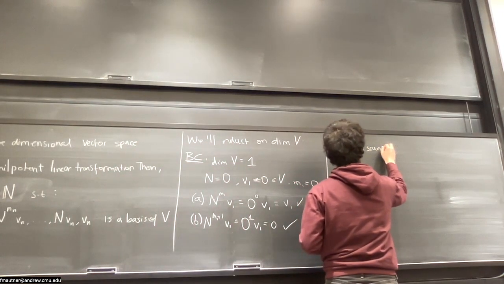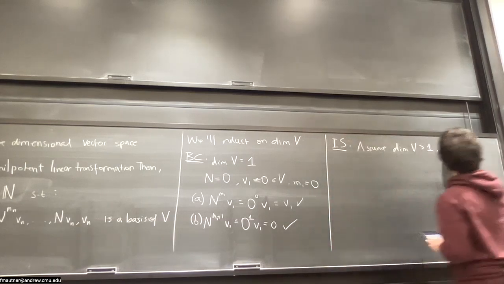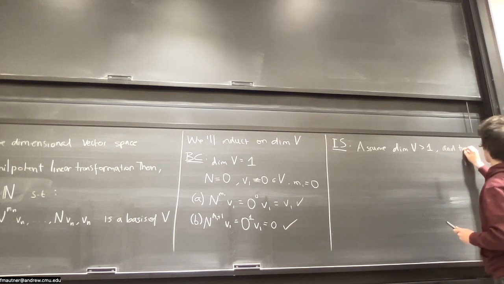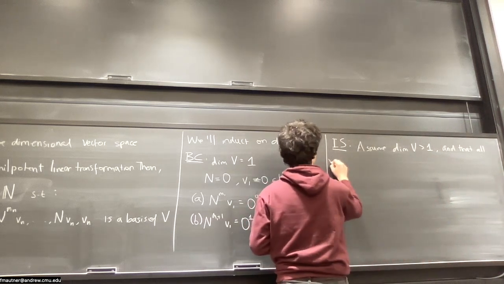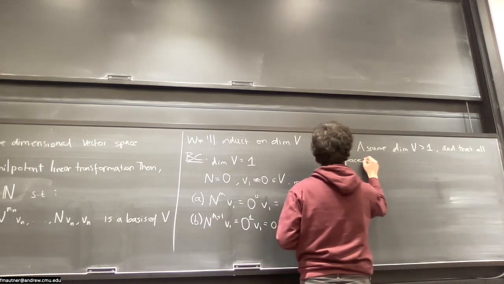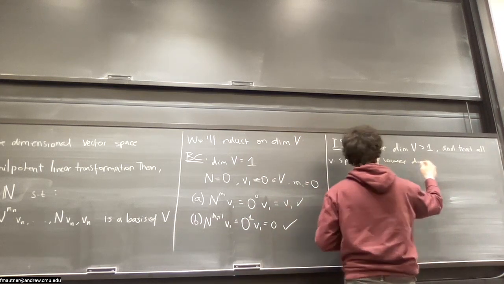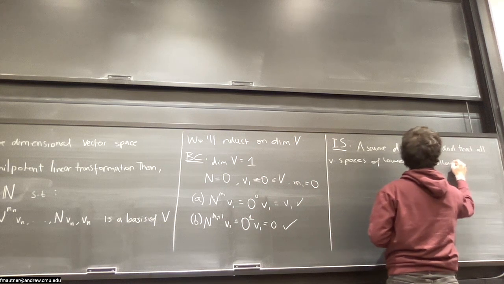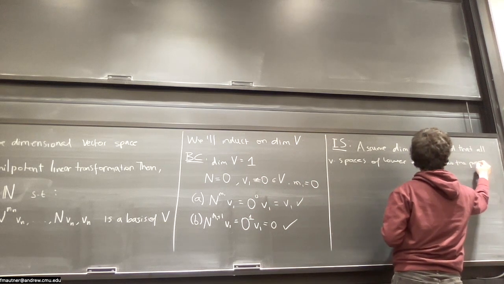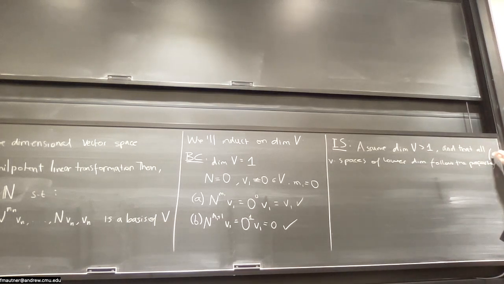Assume we're working with a vector space that has dimension greater than 1, and that for all vector spaces of lower dimension, the property holds. So this will be our induction hypothesis.